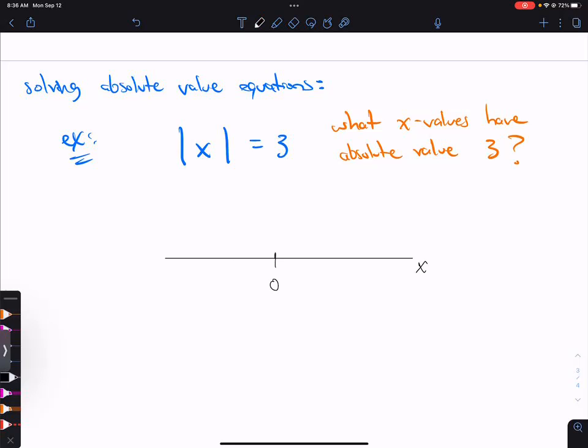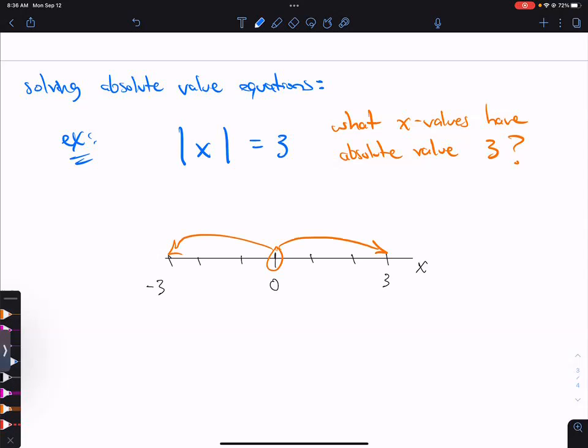Exactly 3. 3 and -3. 1, 2, 3. 1, 2, 3. That way or this way.